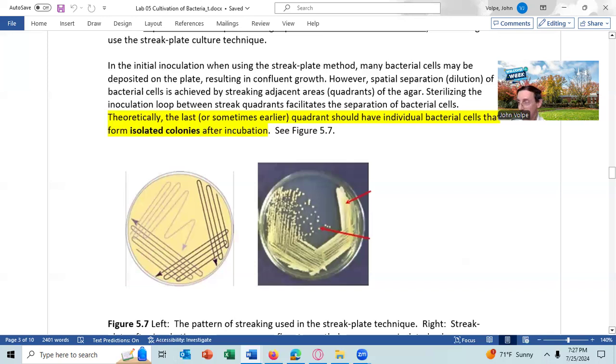Let me go ahead and show it with the mouse so you can see that a little better. So streak out sector 1 and then take your loop and sterilize it and then streak in sector 2. You should be starting in sector 2. This picture isn't quite good. It shows that here you're getting only the diluted part of sector 1.